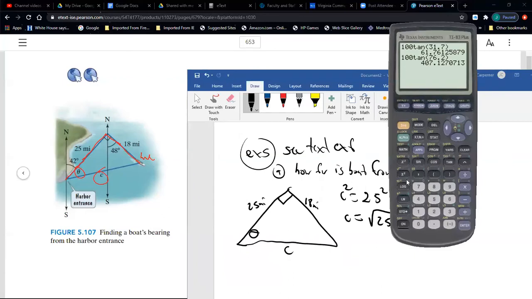Big square root, 25 squared plus 18 squared. And we get 30.8. Rounded to the nearest tenth, that'll be 30.8 miles.